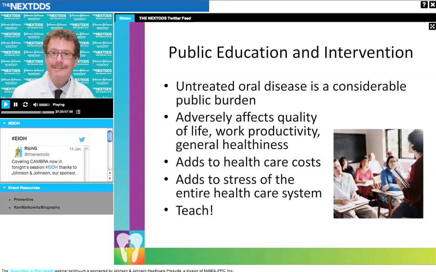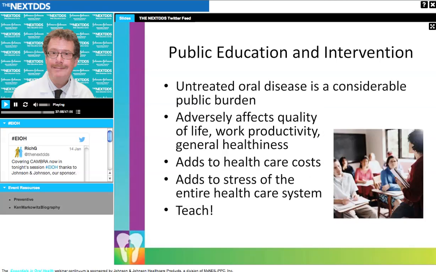This is something that really is very important across the board in our society. So untreated oral disease is a huge burden in society. It affects quality of life, work productivity, general healthiness. It adds healthcare costs, adds stress to the entire healthcare team.